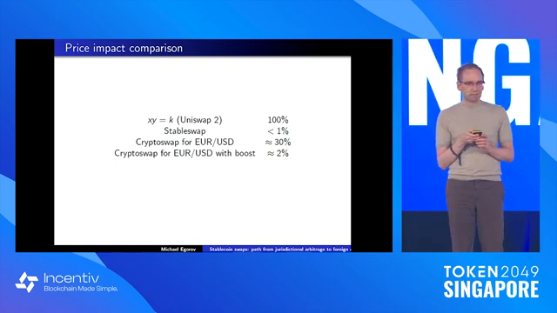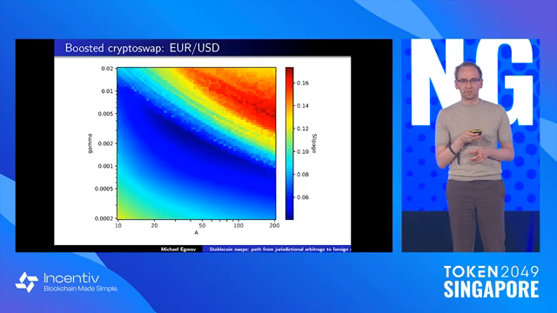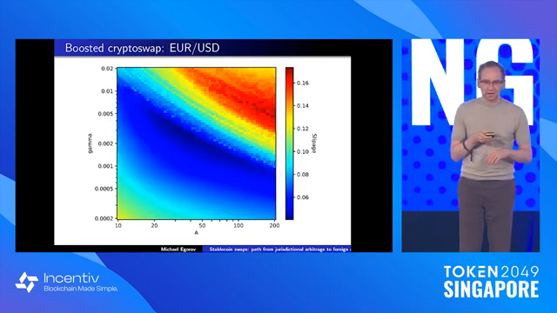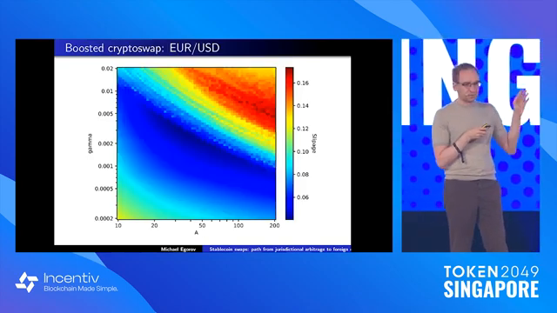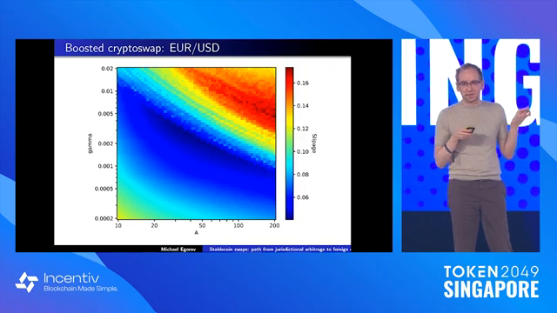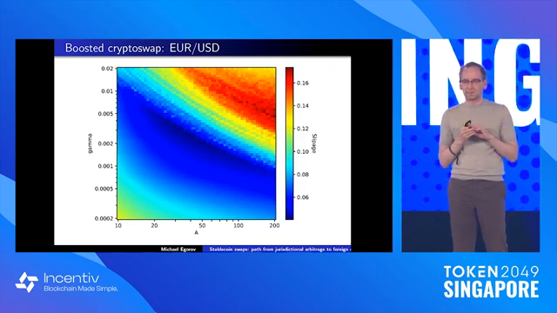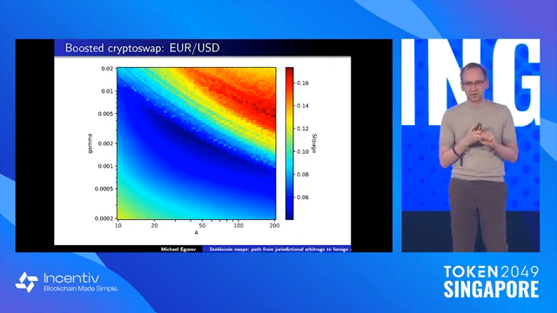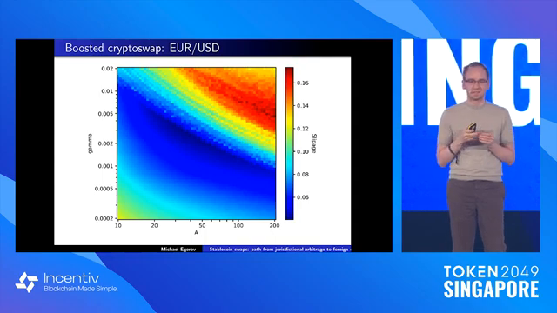I can probably show some pictures of what the simulations looked like. Here I plotted what the price impact would be depending on the parameters of the crypto pool if it's made in this arrangement.